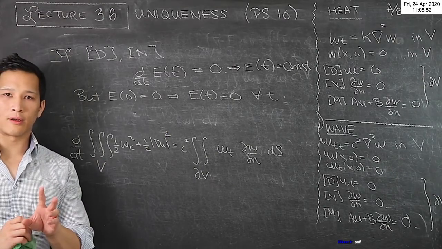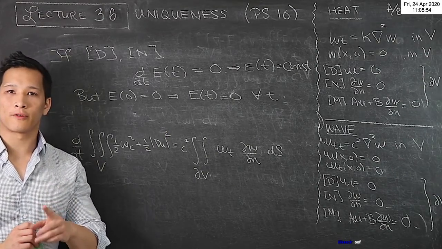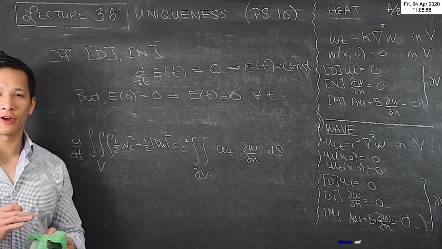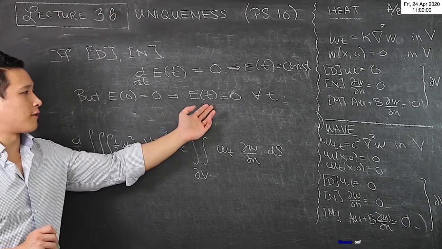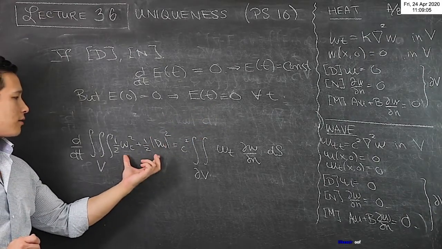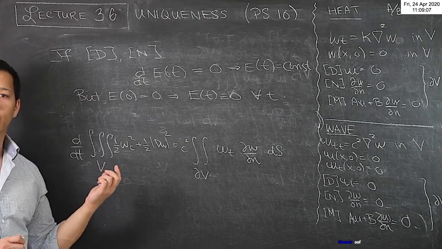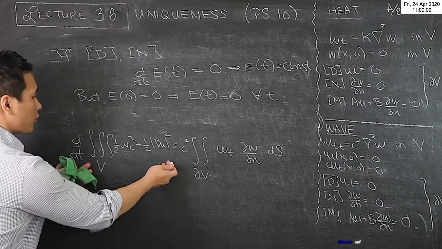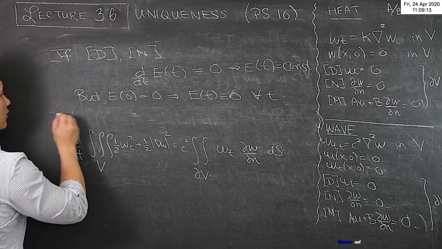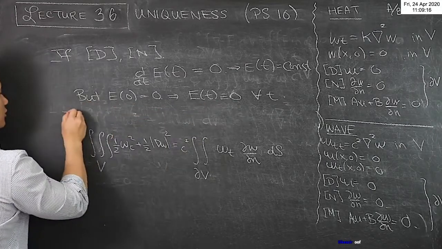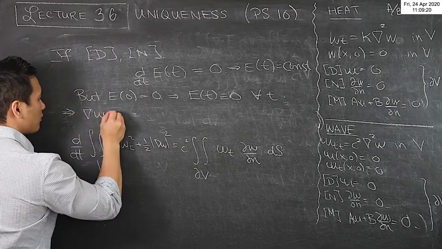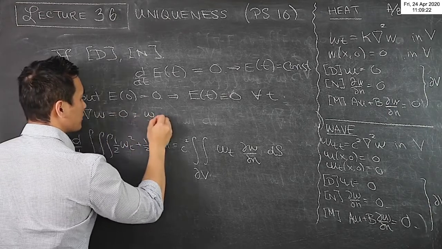Okay, when I did this lecture for proving uniqueness, I mentioned that students often screw up the very last step. If the energy is equal to 0 for all t, then this integral is equal to 0 for all t. And the only way that can happen is if the derivatives are equal to 0. So you would come to the conclusion that essentially grad w is equal to 0 and wt is equal to 0.